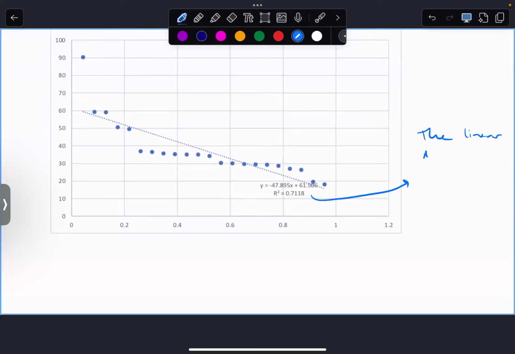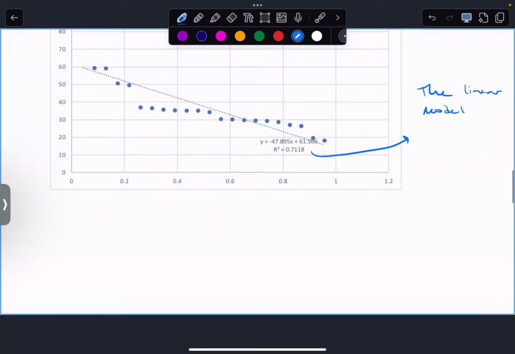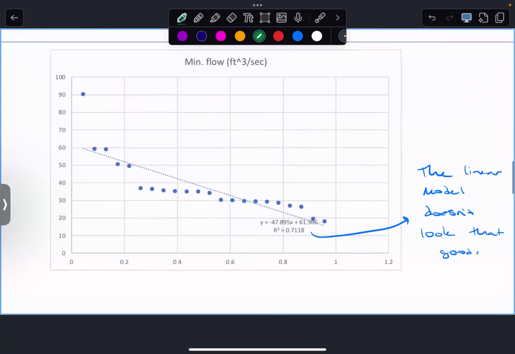The linear model doesn't look that good. What I want might be something like this. That wasn't very good either.